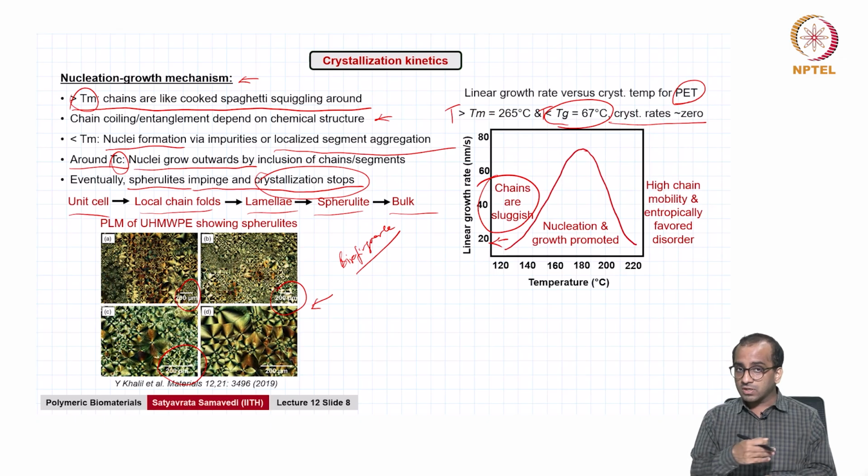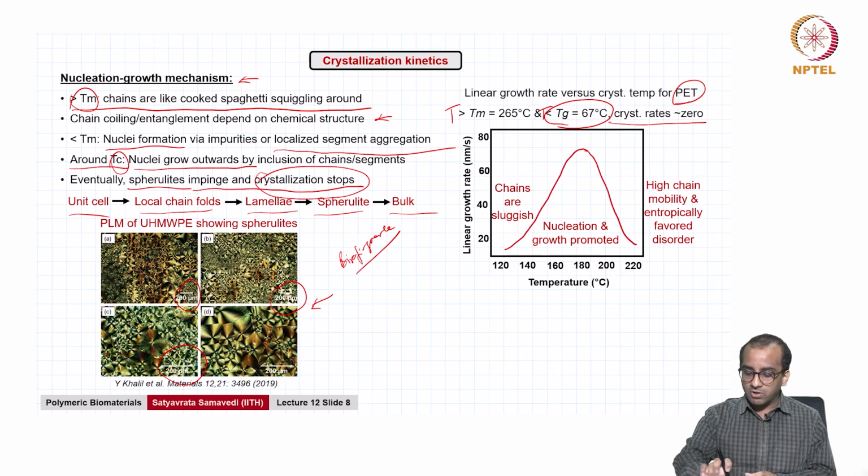So, as you get closer and closer to the Tg, it becomes harder and harder for the chains to fold and be dynamic. They become what we call sluggish.